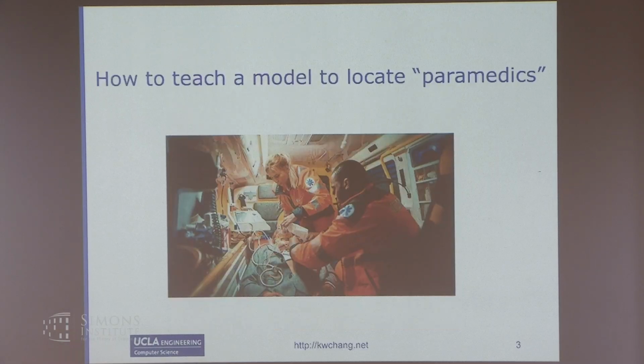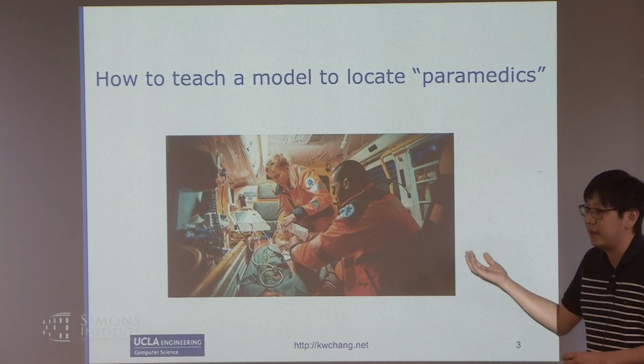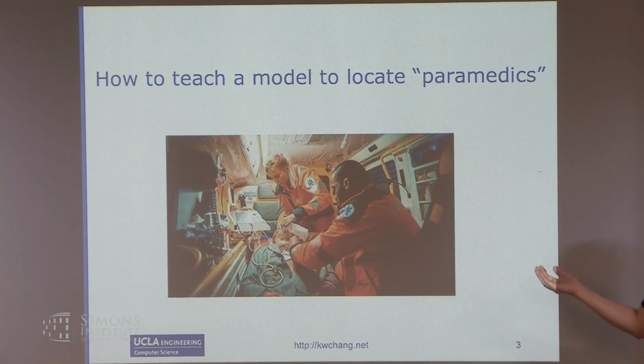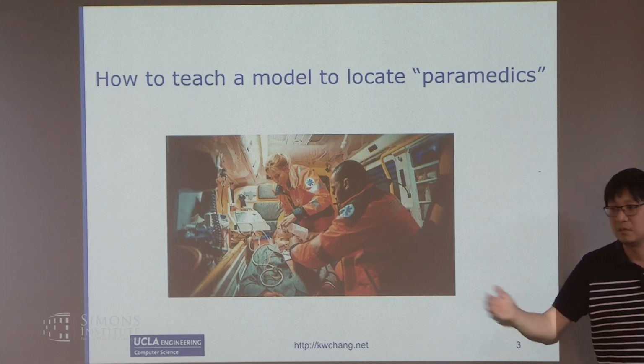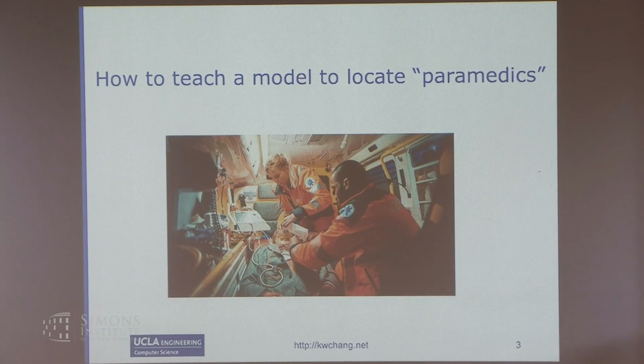So we can think about a more complicated example for the machine. For example, if I want to teach the machine to recognize paramedics, one way you can do that is to collect 10,000 images and have a model look at all the images and try to generalize and find the paramedics. But I think the more natural way is to describe what a paramedic is.